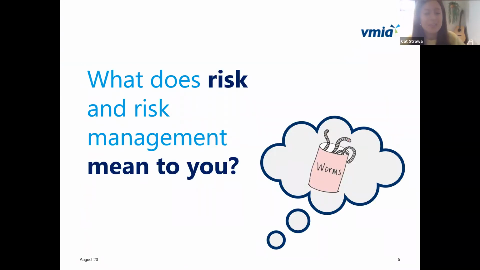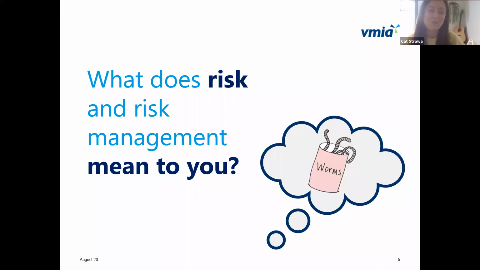So today we'd like to start by asking you, what does risk and risk management mean to you and your family, and how is that different to what it means for you for your work role in your organisation as well? If you feel comfortable sharing, we'd love to hear from you if you want to put any comments or suggestions about what risk and risk management means to you in the chat.